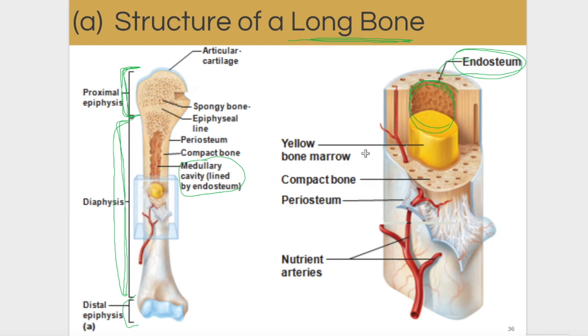And what lines the outside part of our bone, at least on the diaphysis, is called a periosteum. Then on the very ends, we learned about this earlier when we talked about joints, we have what's called an articular cartilage. And again, we have the spongy bone, which makes up the inner components, and the compact bone, which lines the outermost edge.